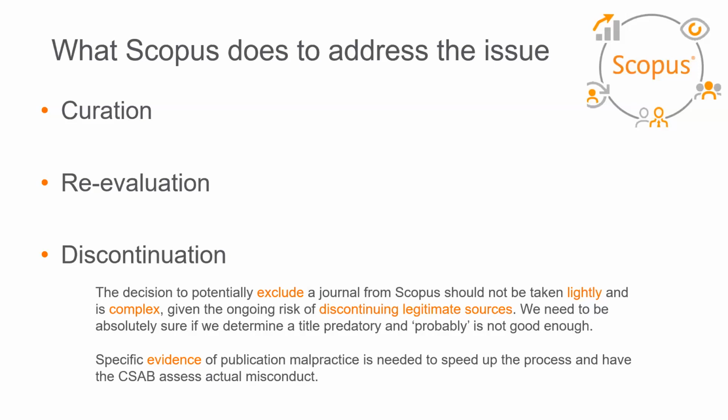In terms of Scopus, this is regarded in a very serious light, and we do not discontinue journals or accuse journals of being predatory unless there is very specific evidence of publication malpractice. It is also not done by the Scopus team. We rely on experts to make sure that the assessment is accurate and fair to the publishers.